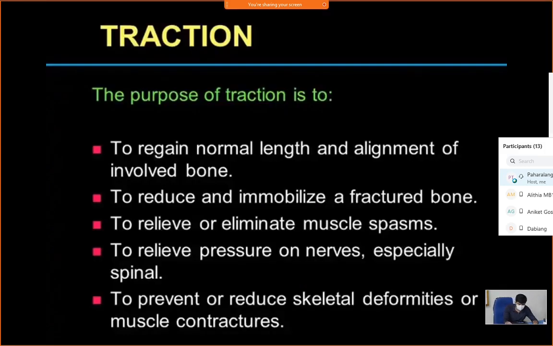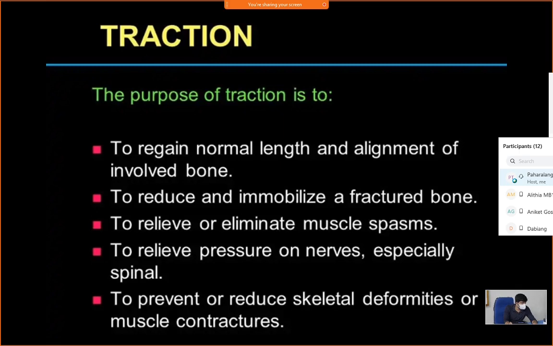The purpose of traction, what is the function of traction? It regains the normal length and alignment of the involved bone. We give traction to maintain the normal length. What happens when there is a fracture? If you don't give traction, then due to the muscle pull, the two bone fragments will override each other.